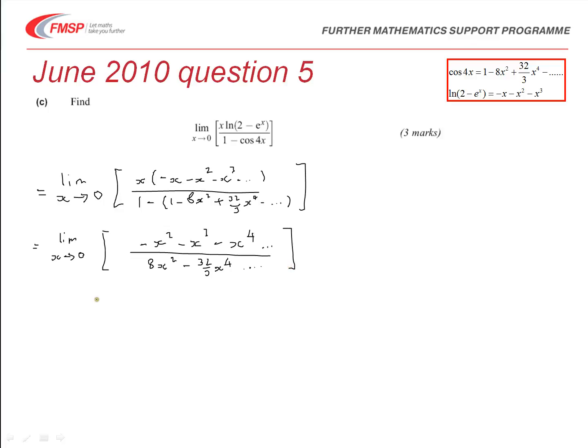Then before we can actually take the limit as x tends to 0, at the moment everything on the top would become 0 and the bottom would become 0. So we can see the first term on the top is x squared, and the first term on the bottom is also x squared. So if we divide through top and bottom by x squared, that will sort it out for us.